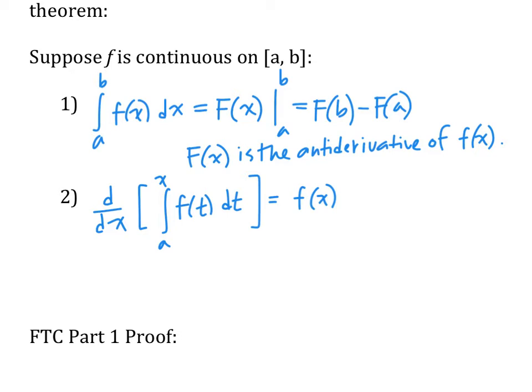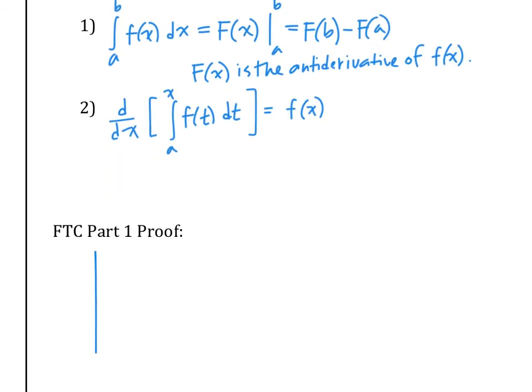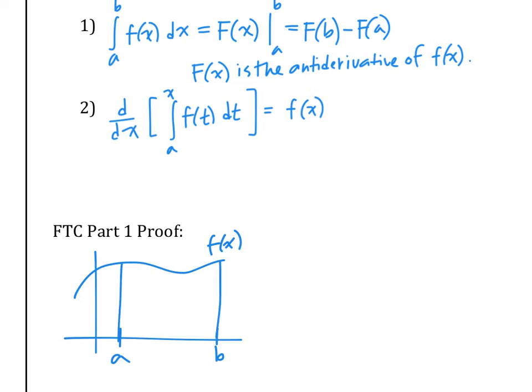The area under what curve? f of x from a to b. Good. All right, so let's try to draw a picture. So f of x from a to b, and we are trying to find this area. So that's what the integral means, right?